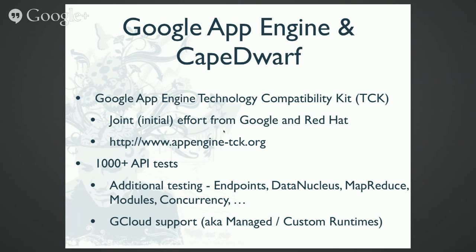For example, for the Datastore, which is probably the most intense API, they had DataNucleus, which is a JPA implementation. They had a bunch of DataNucleus tests running against JPA, and JPA was mapped on top of the Datastore API.